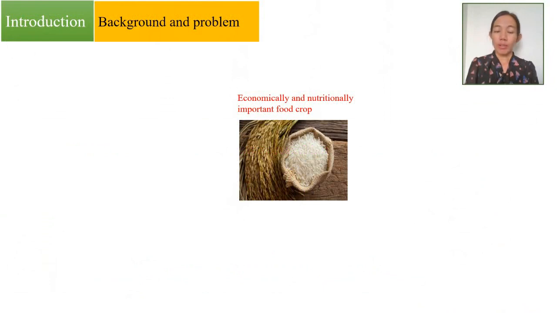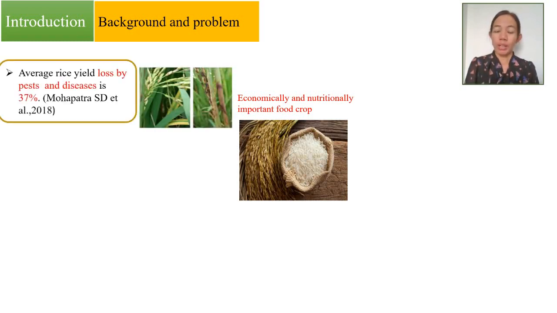First of all, I would like to introduce the background and problem of rice crop production. As you know, rice is our staple food, economically and nutritionally important. So it is essential to promote the yield of rice and the quality of the grain for global food security. However, the rice crop is attacked by pests and diseases, and according to Mahabatra 2018, the average yield loss by pests and diseases is 37%.